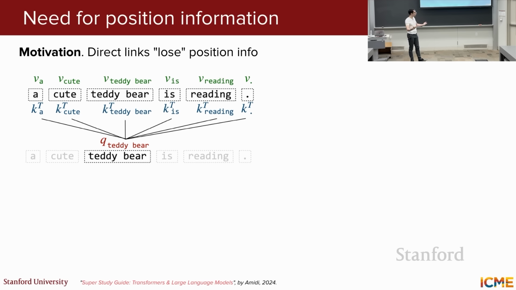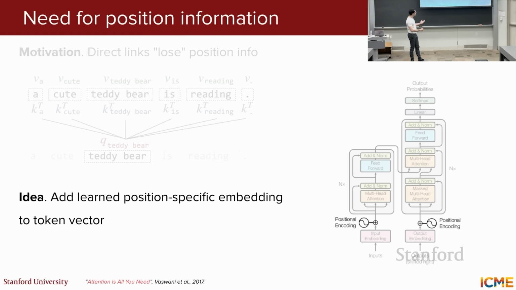So you lose this position information. As a result, we need to somehow quantify tokens at each position and inject that information when the transformer is processing the inputs.